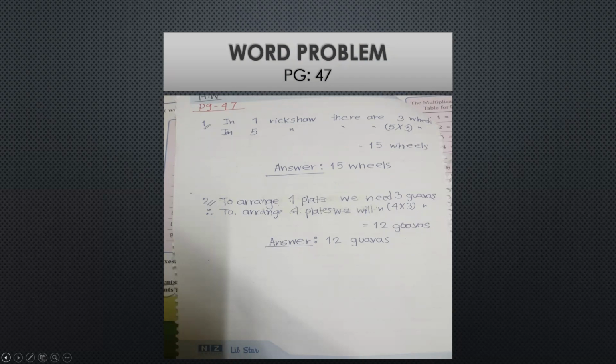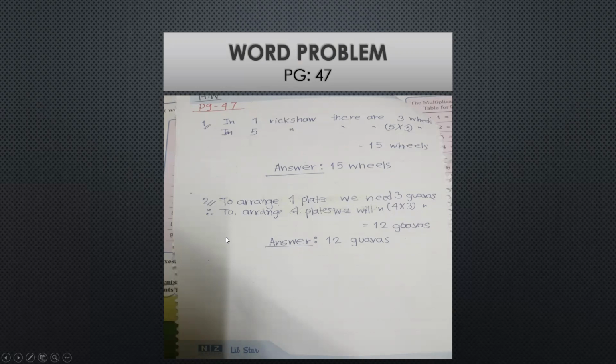We want to find the number of wheels, so we place the number of wheels on the right hand, and the rickshaw number, which the question already tells us, on the left hand. In one rickshaw there are 3 wheels, so in 5 rickshaws there are 5 into 3 equals 15 wheels.